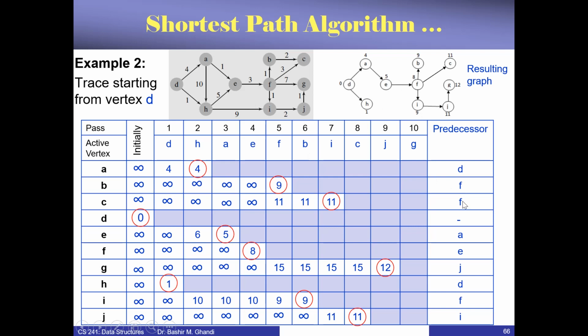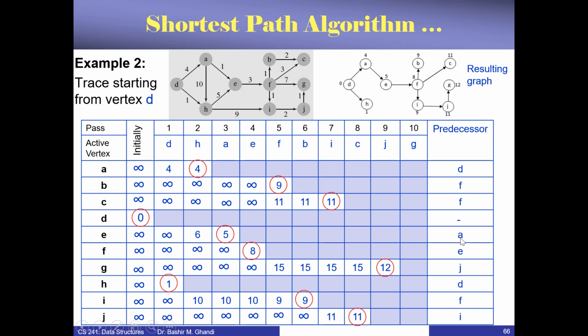There is also F to C, and the cost is 11, so you attach the 11 to C itself. This is the cost of reaching C. The starting vertex D has no predecessor, so just put the cost as 0.